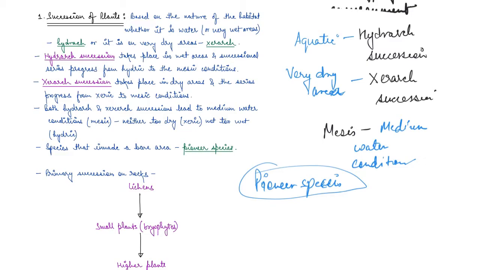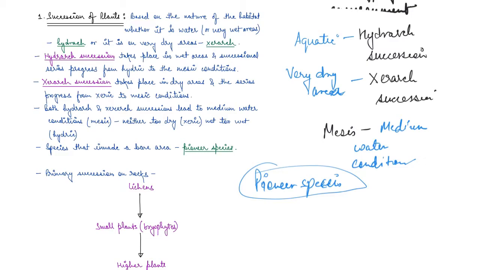Later, these pave the way to some very small plants like bryophytes, and then these bryophytes are able to take hold of the soil, and then with time they are succeeded by higher plants and even several more stages, which ultimately leads to a stable climax forest community. So from bare rocks, we reach up to the forest community.